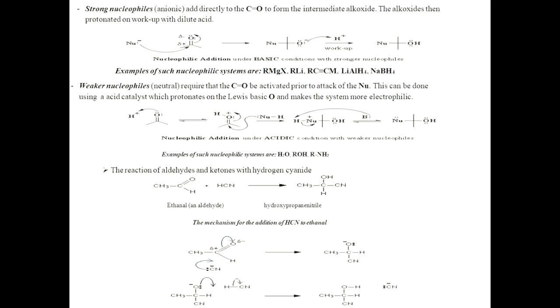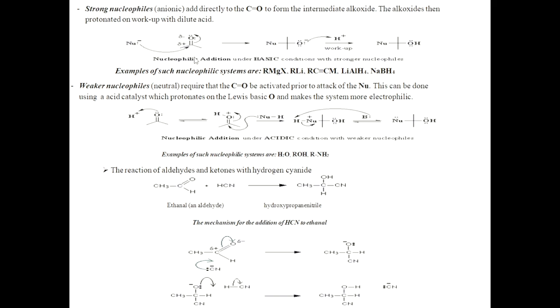Now, strong nucleophiles, for example an anion, add directly to the carbonyl compounds to form the intermediate alkoxide ions, and the alkoxide ion then undergoes protonation with dilute acid to give the alcohol.